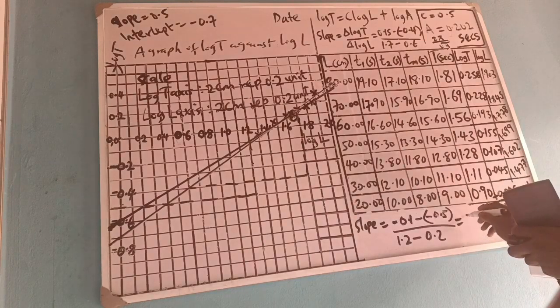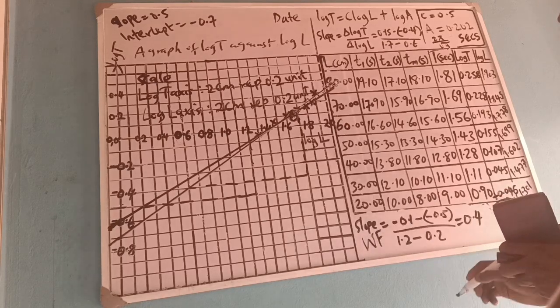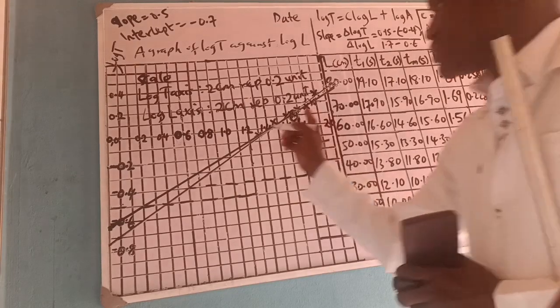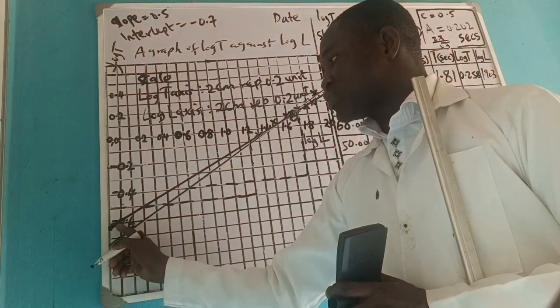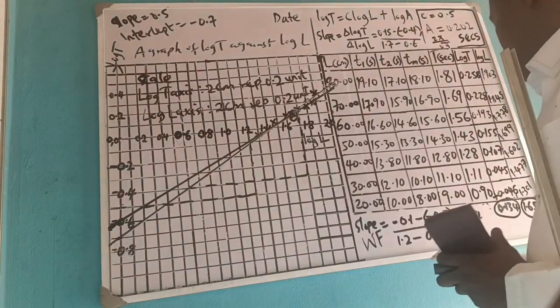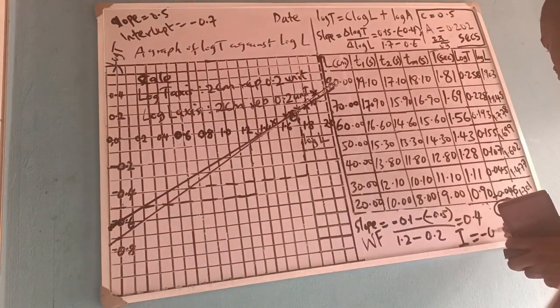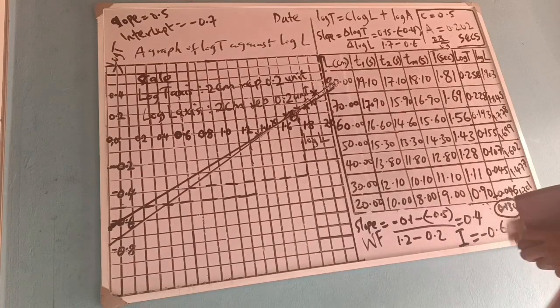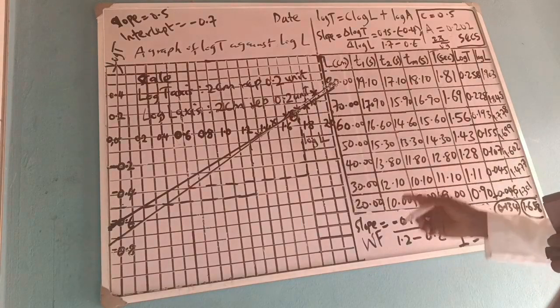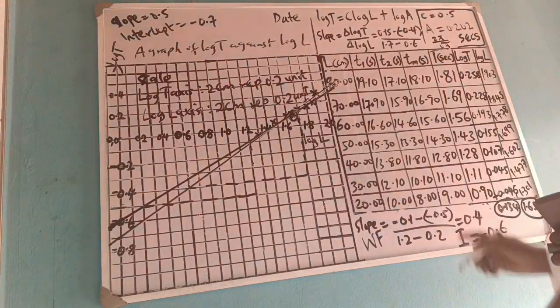We'll have it to be 0.4. That is the slope of worst fit. And what is the intercept? The intercept meets your y at about minus 0.6. So the intercept of worst fit is equal to minus 0.6. We note this. This is about the best fit, and this is about the worst fit.